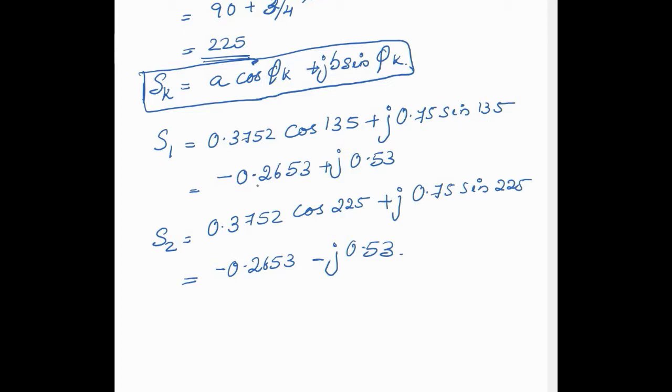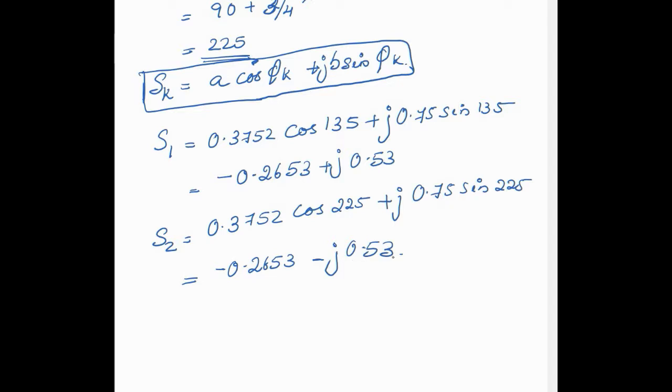You will get minus 0.2653. Shift equal, you will get the imaginary term 0.53 j. Again, instead of 135, you just substitute 225. So for 225, you will get the term minus 0.2653 minus 0.53 j.